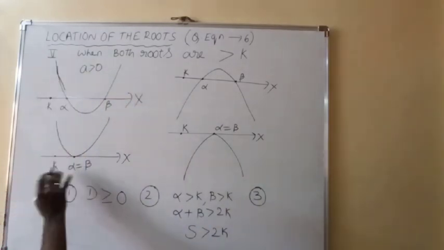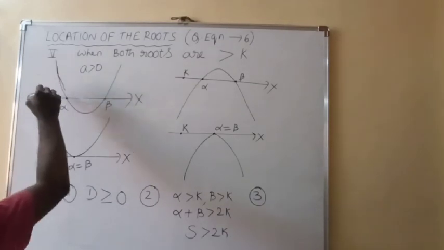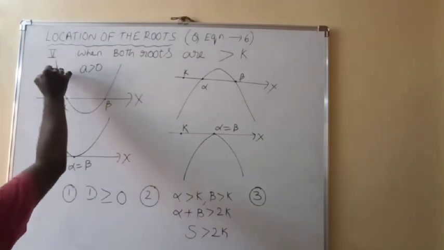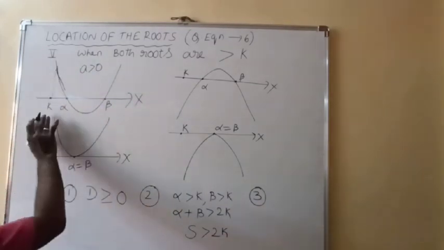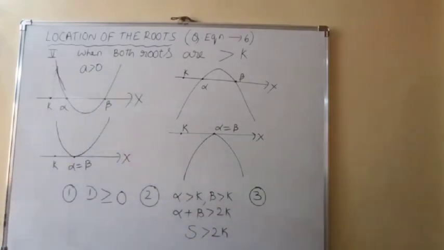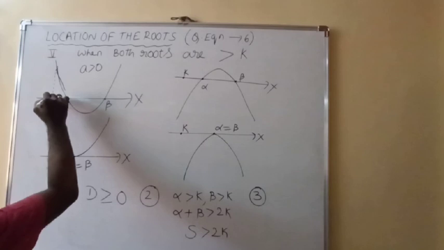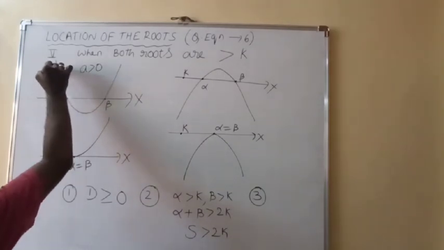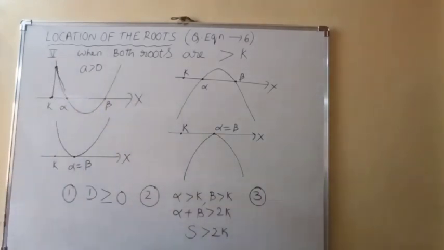this is the graph, or this will be the graph. So for x value k, the graph of the function is above x or below x? Above x. For x equal to k, the graph is above the x-axis. That means the value of the function is greater than 0 at x equal to k.